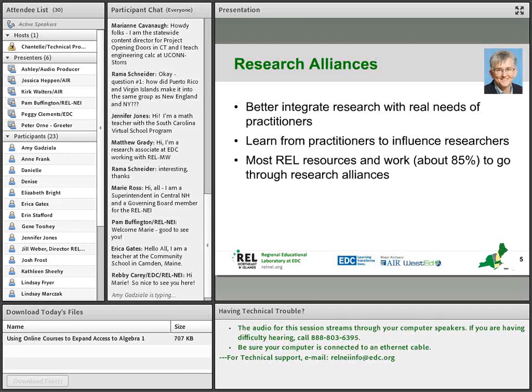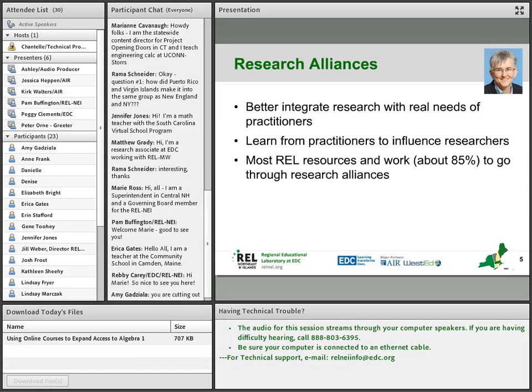This particular REL contract really focuses on bringing the research needs of practitioners to researchers, and we are working within an alliance structure to better integrate what your understanding of the needs are with what we can investigate as researchers. We're really focused on learning from practitioners and continuing a body of work across 5 years.